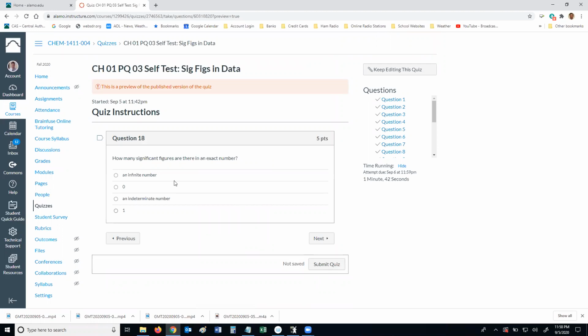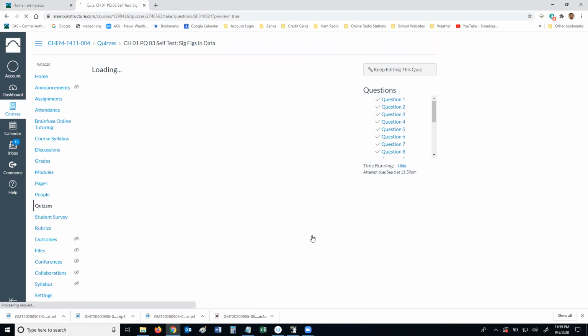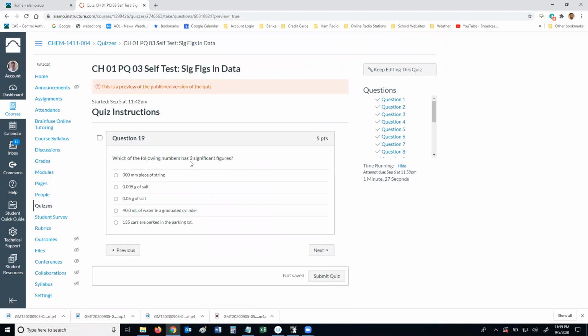Okay, and then number 18, how many significant figures are there in an exact number? An exact number has an infinite number of significant figures. Number 19, which of the following numbers has 3 significant figures? 300 millimeter piece of string, no, that's indeterminate because it ends with zeros without a decimal point, and it's a measurement. 0.005 grams of salt.